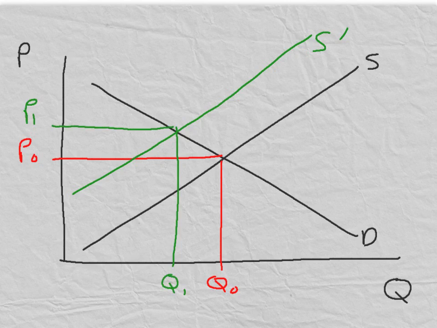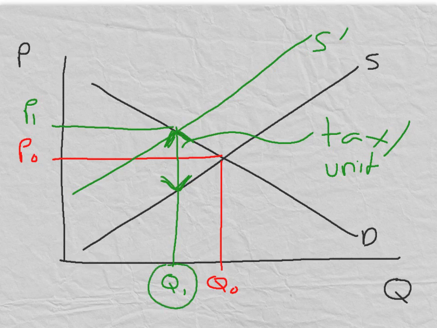As we said before, the level of the tax is the vertical distance shifted by the supply curve. So what we can see is that we have placed a tax per unit, which is given by the vertical distance represented by these two arrowheads. The new equilibrium is at Q1 and the new price is at P1.